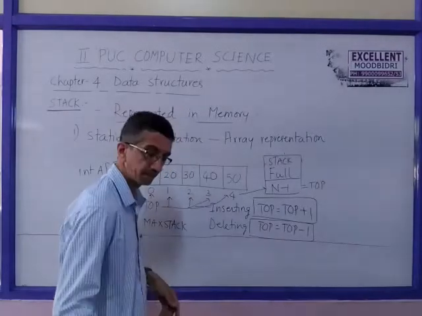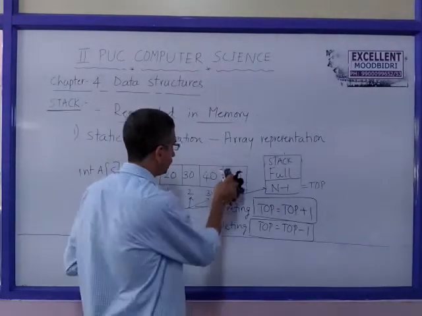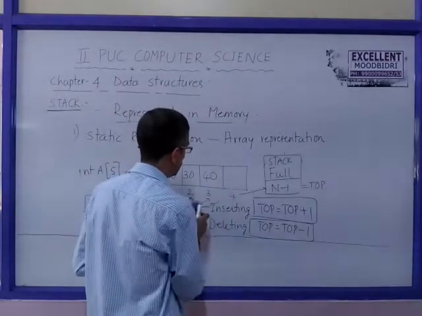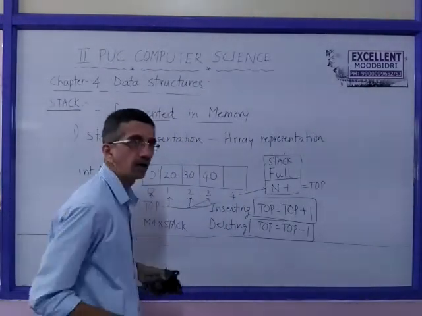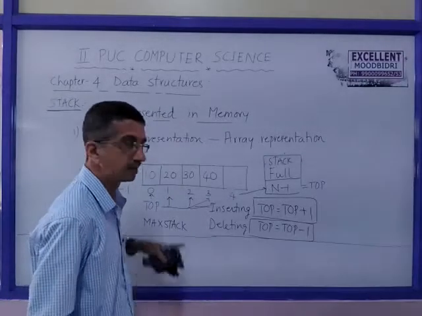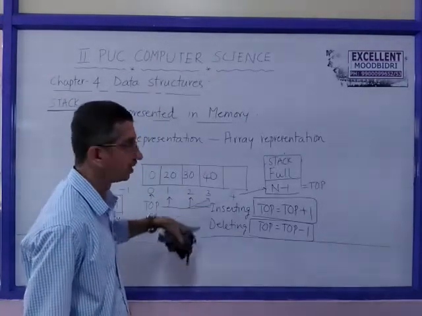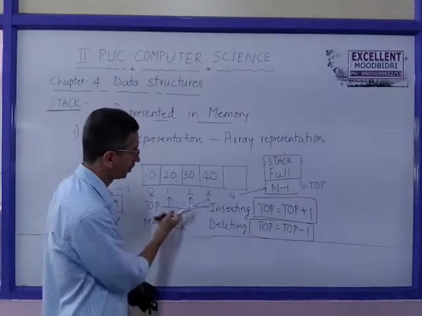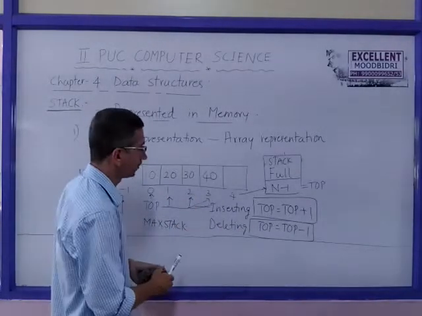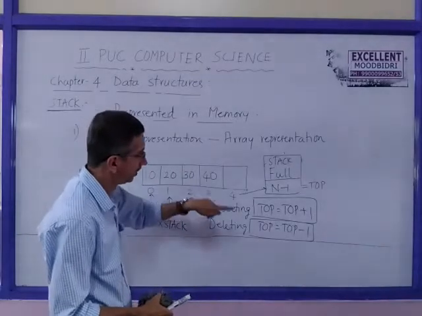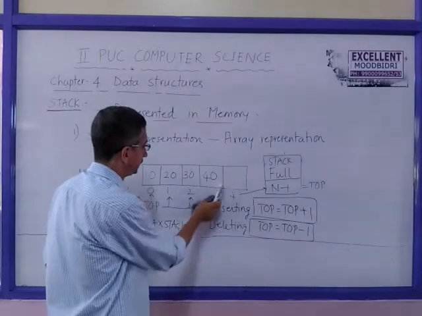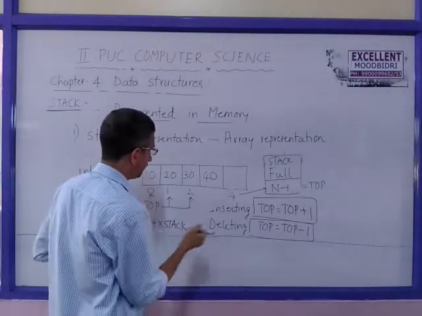So when you remove this item, it is removed and top points to the next item, index 3. When you delete one more item, decrement top. Top becomes top minus 1. Now the top is 3. Topmost item. Decrement. Top becomes 2. So this is the topmost item.